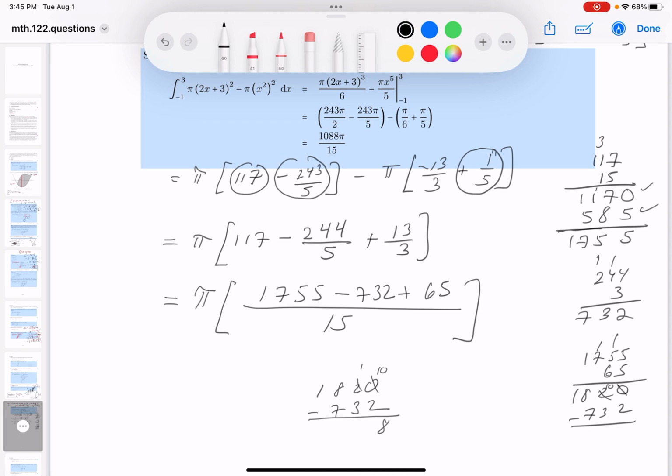Did I say 732? Let's get a careful look again. 2 from 10. This is 7. 1820.